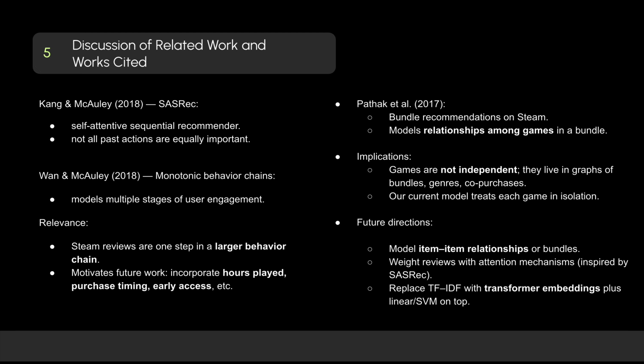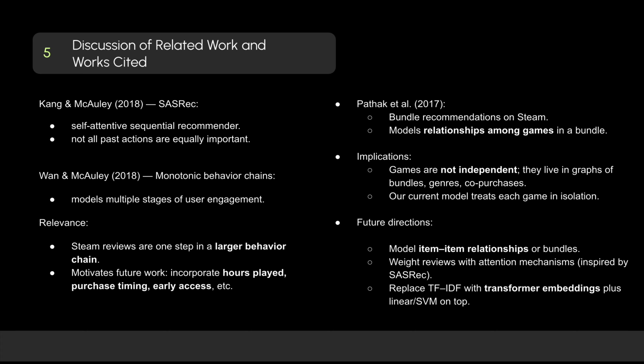And for the final paper, it's about generating and personalizing bundle recommendations on Steam. So that effectively talked about how the groups of games are sold together. And this is somewhat relevant, although I didn't use the bundle data. So I think it's definitely also an interesting idea for extension in the future. And showing how bundles and purchase histories have interdependence.